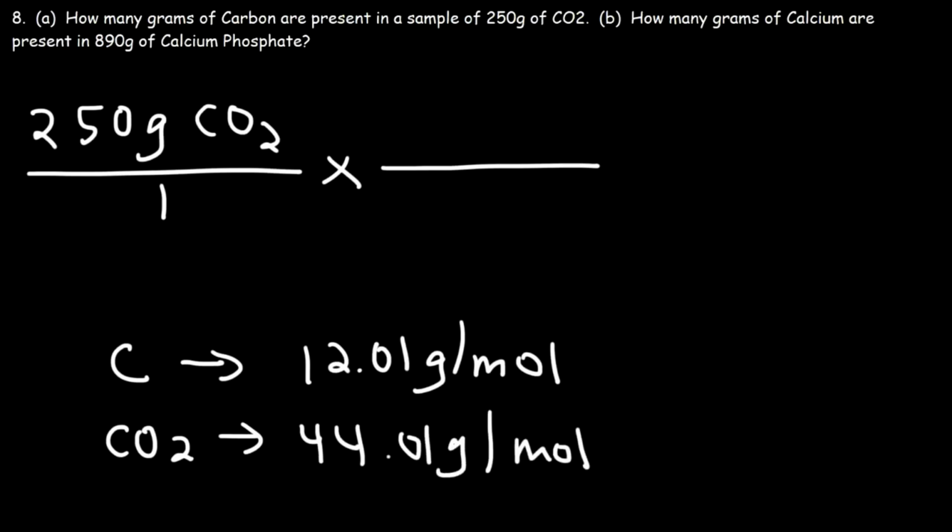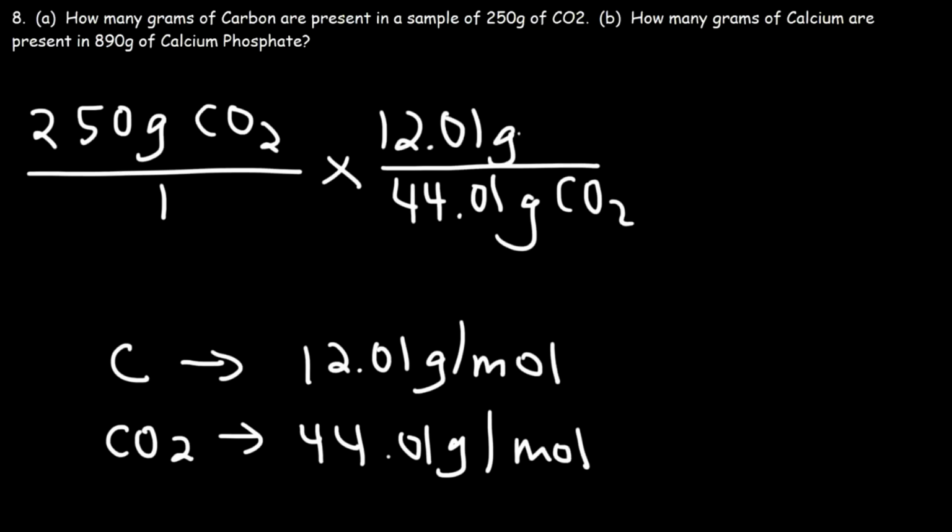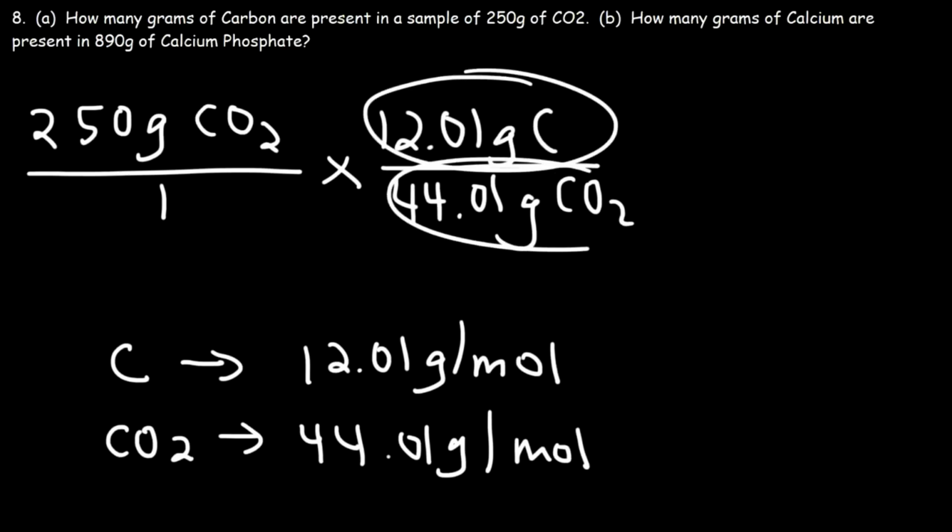Now, in 1 mole of carbon dioxide, there is 1 mole of carbon atoms. And so we could say that for every 44.01 grams of carbon dioxide, there's going to be 12.01 grams of carbon, because each of these numbers equals a mole of their respective substance.